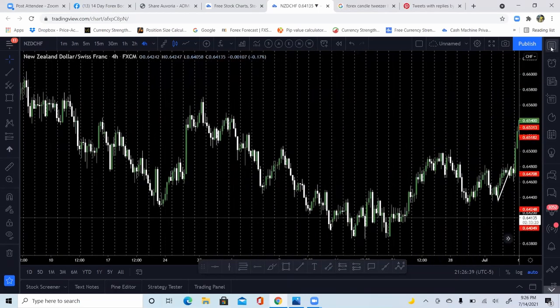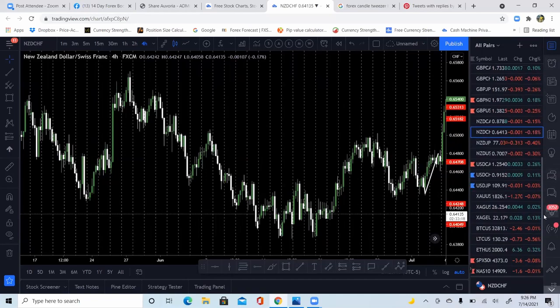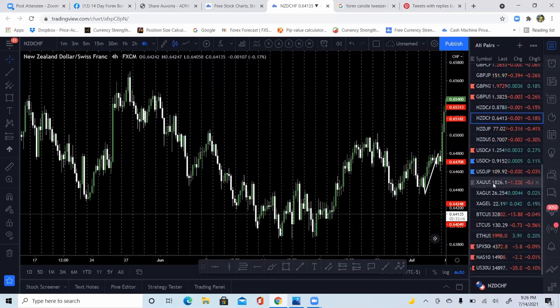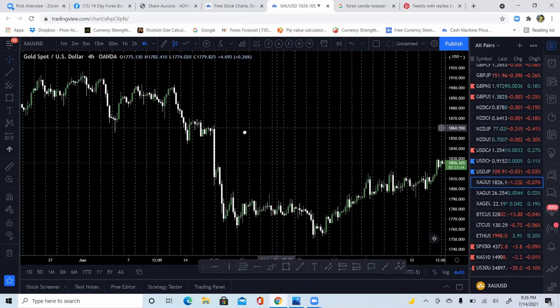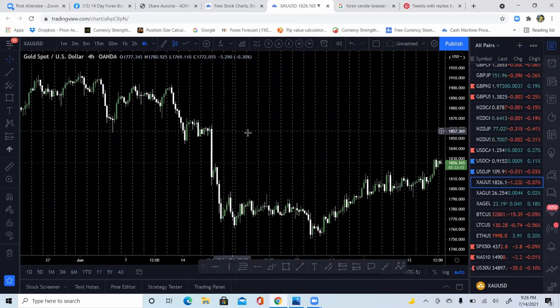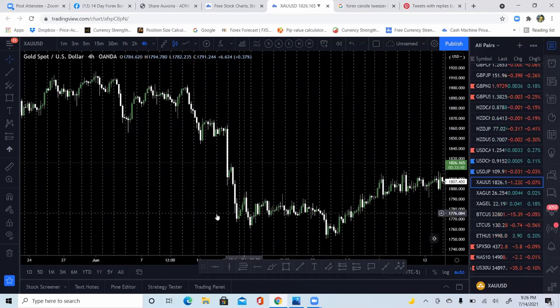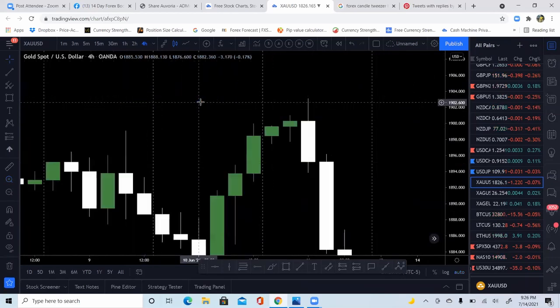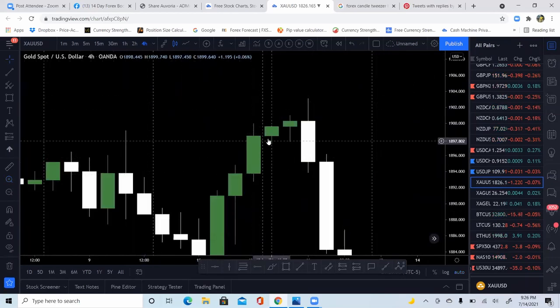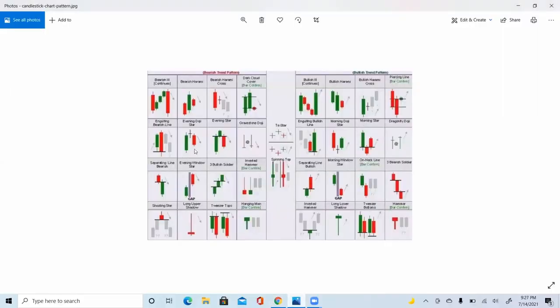We can go to any pair. If you look at even a pair like gold, right? This big major move here, let's look at the beginning of that move. You see a combination of two things. You see this evening star pattern right here.